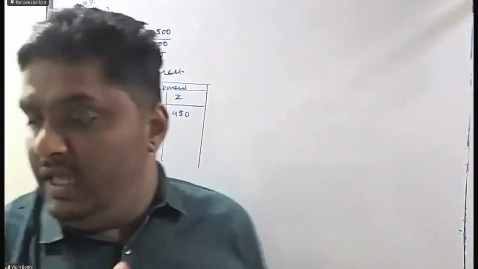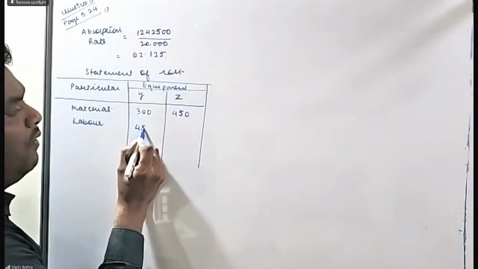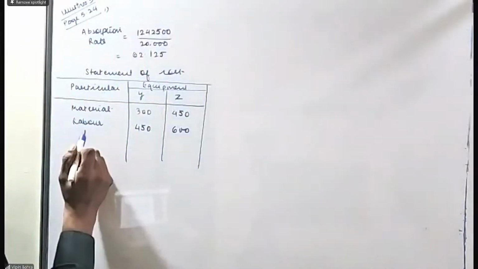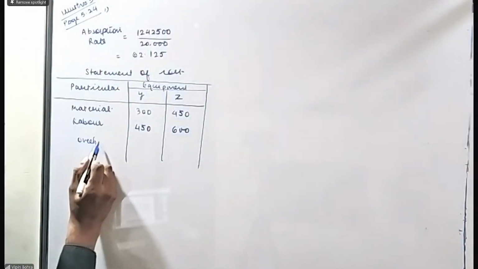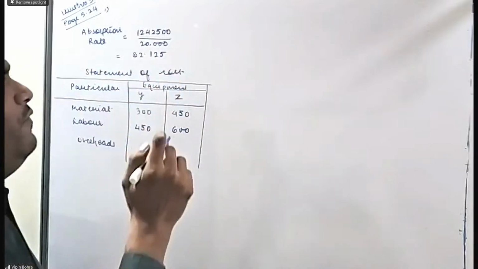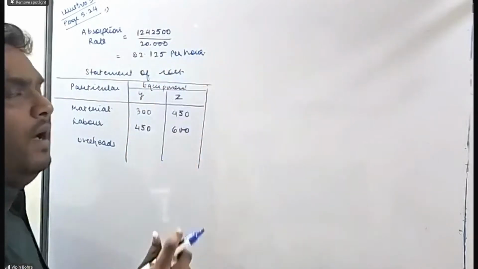When talking about the labor cost also, it's given, 450 and 600 per unit. Further, when talking about the overheads, it is 62.125 per hour into the number of hours.